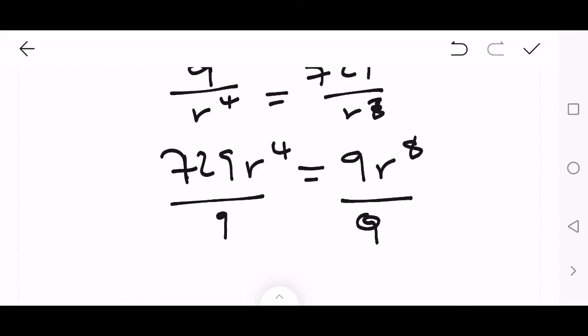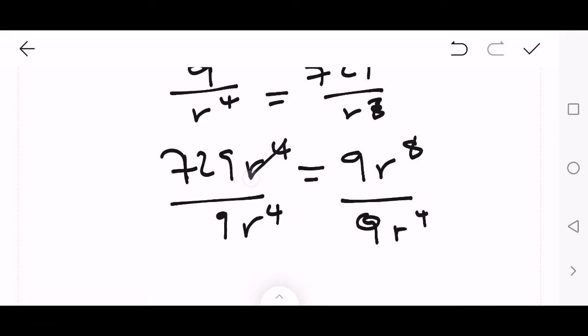And in order to get rid of r to the power 4 on the right hand side, we need to divide by r to the power 4, and we need to do it on the left hand side as well.